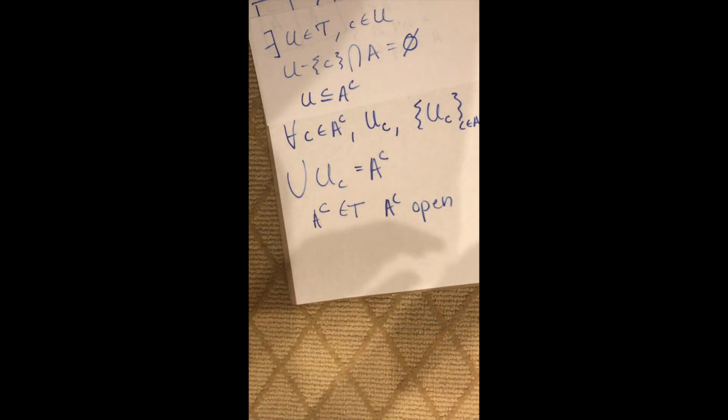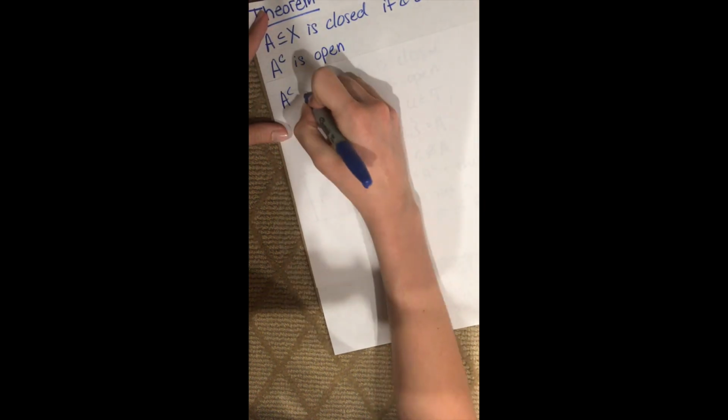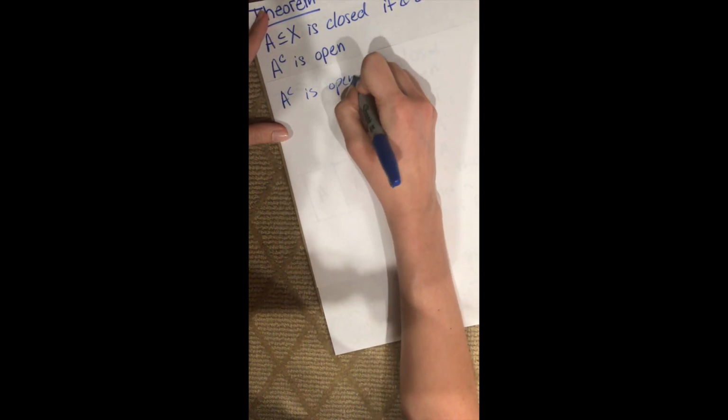All right, and the last thing that we need to do is go the other direction. This was an if and only if statement, which means that we need to prove it the other way. So just to refresh your memory, we had said A is closed if and only if A complement is open. So now we need to assume A complement is open and show that A is closed.